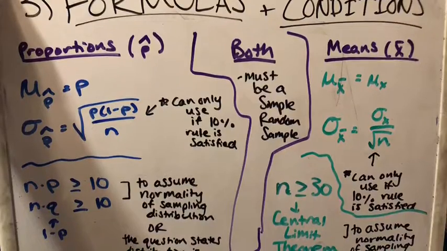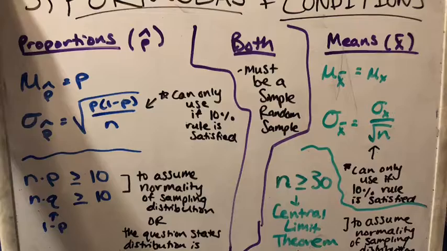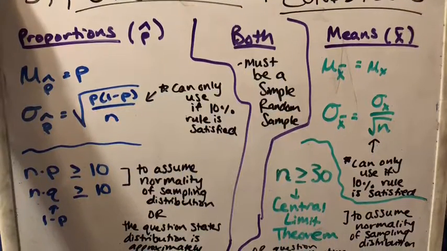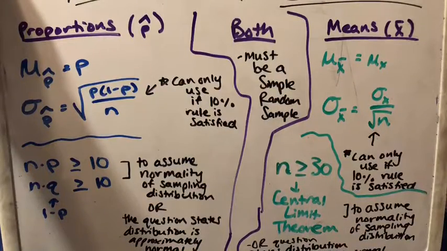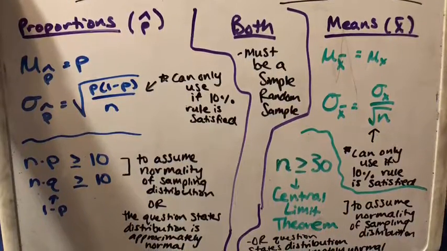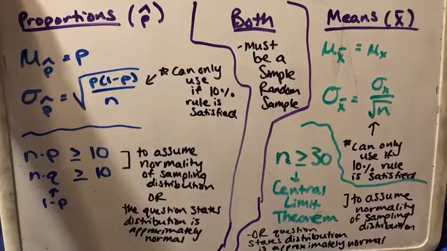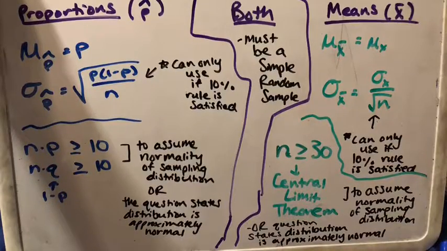The 10% rule states that the sample has to be less than 10% of the population. Also, both have conditions for normality, but the conditions for proportions and for means are different. Lastly, the mean of the proportions is equal to the population proportion, and the mean of the means is equal to the population mean.